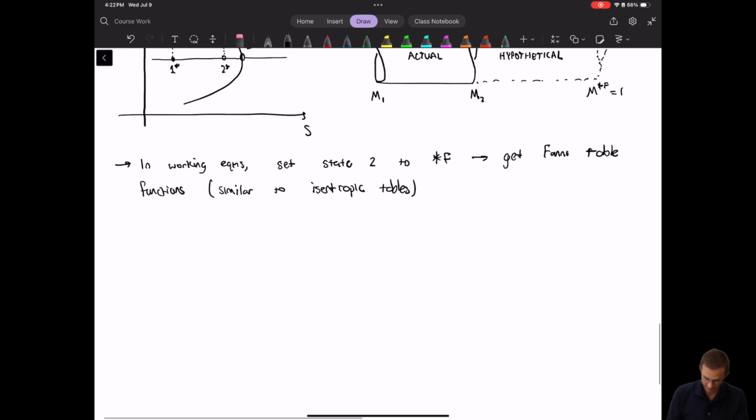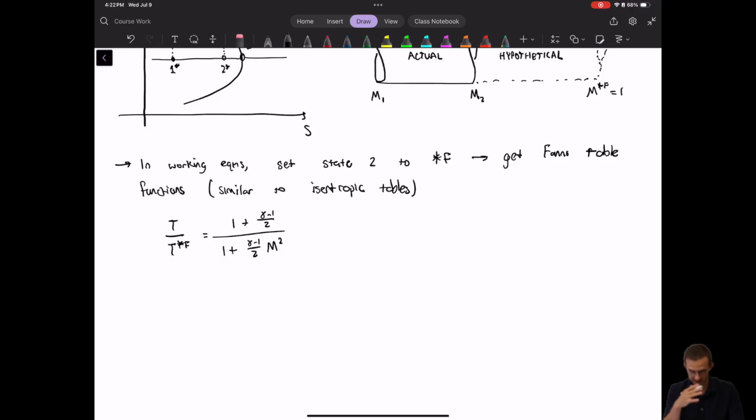So, for instance, if we want to look at T over T star F, this is just looking at the T2 over T1 relationship above. If we write this down, then you end up with 1 plus gamma minus 1 over 2, divided by 1 plus gamma minus 1 over 2 times M squared, and that's the M corresponding to the T on the top left. And this is just a function of the Mach number and gamma, right?